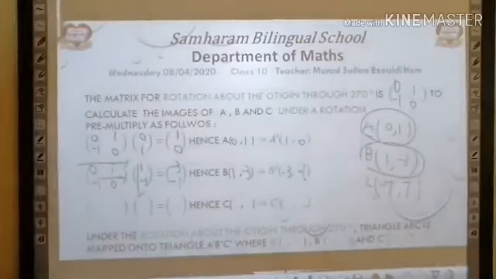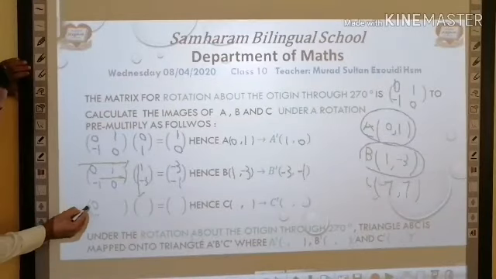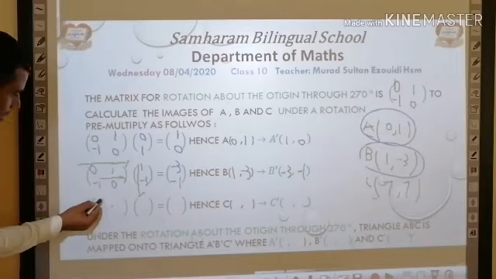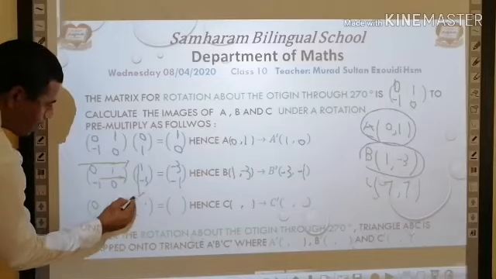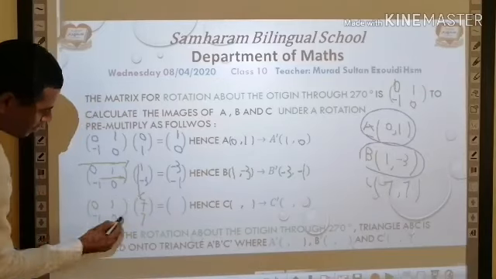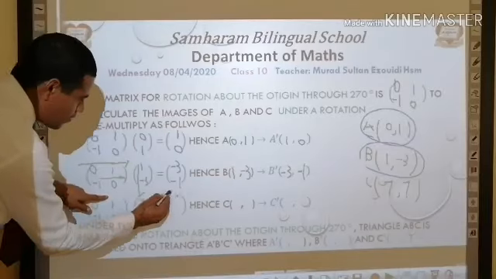Okay? The next one. 0, 1, 0, negative 1 is my matrix for transformation about the origin anti-clockwise through an angle of 270 degrees. Multiply by the coordinates of the point C, which is (7, 7). Now we multiply this, it will be 7.